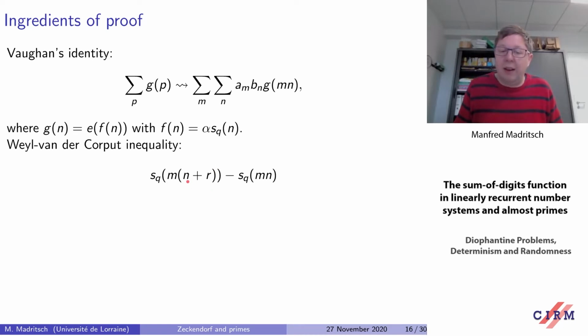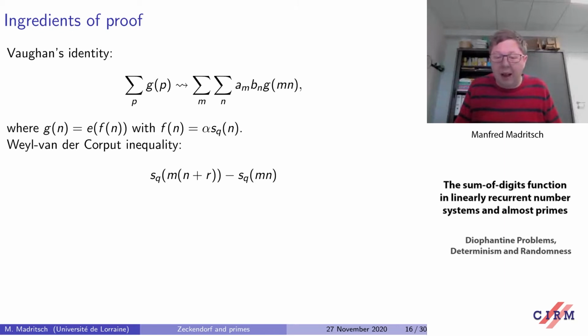Here they use that if r is small compared to n, then only a small amount of the digits are changing. So if you take a huge number and you only add 3, then you only have a little change in the number, and the so-called carry propagation terminates in almost all the cases, except when you have many q minus 1s, then it accumulates.